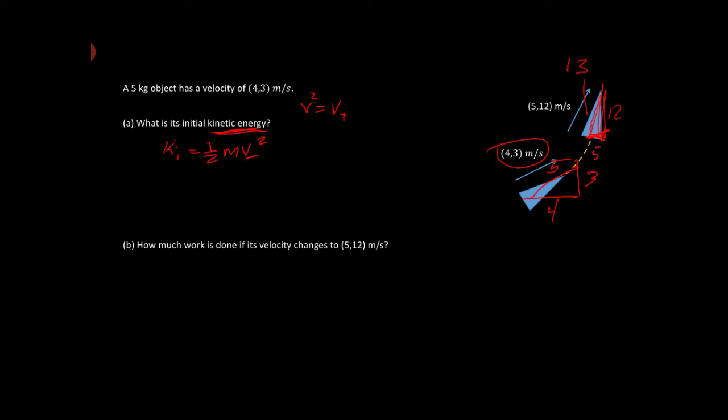So let's see, we have v squared, right? So we get that by the Pythagorean theorem here, right? So we have Vx squared plus Vy squared is equal to the V squared. X was equal to 4 meters per second, and Y was equal to 3 meters per second.